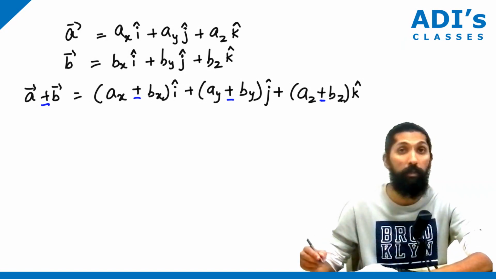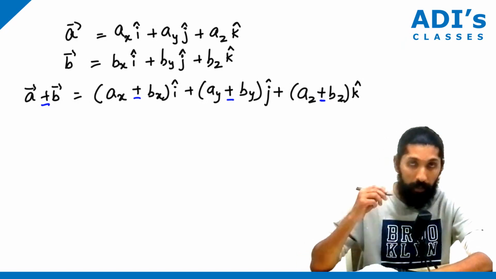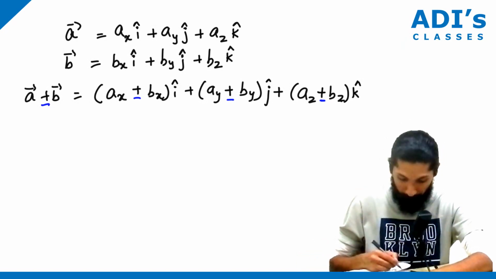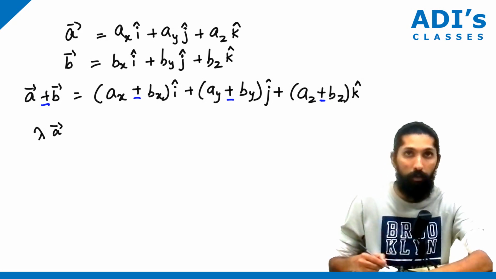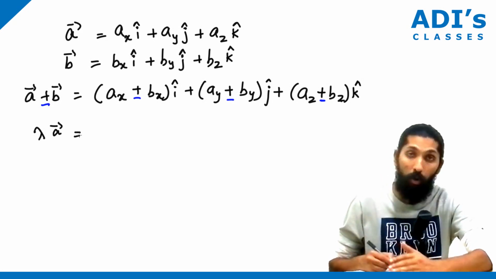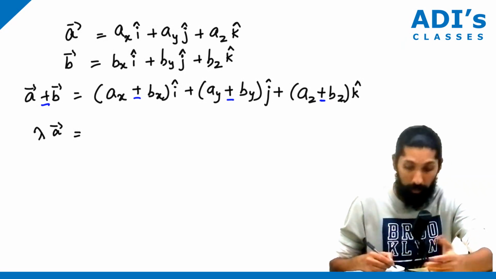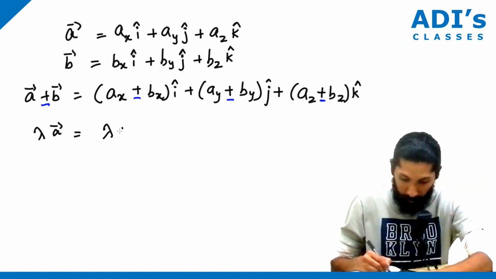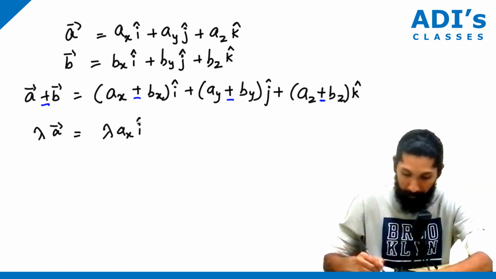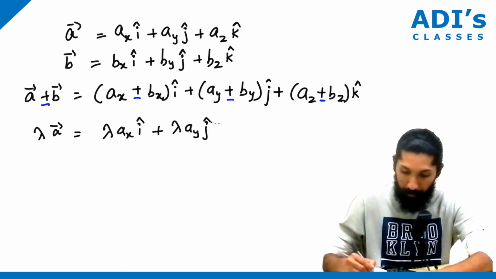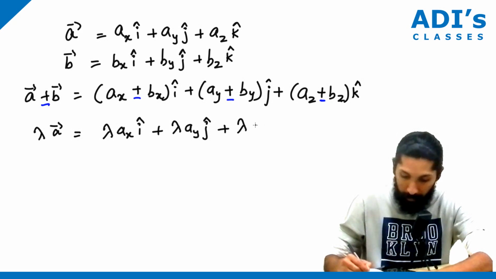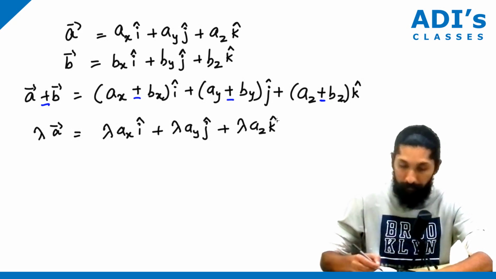Now, what if we multiply by a constant? In the sense, what if we write some value lambda into vector A? That lambda gets multiplied to all the components. That is lambda ax i cap, lambda ay j cap, plus lambda az k cap.